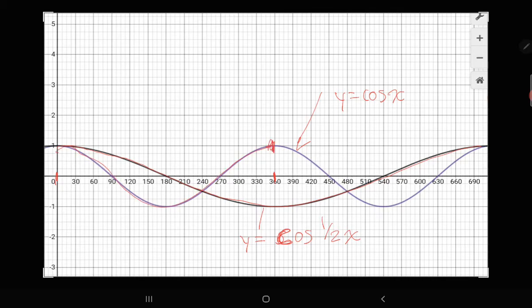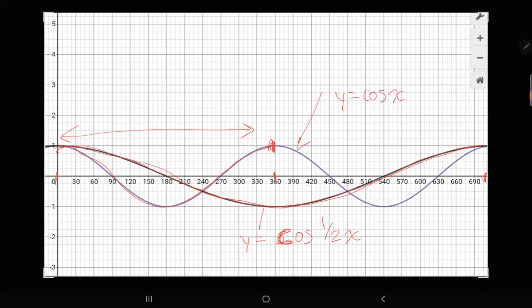Now for our new function, take a look. What's our period? It's actually going now to 720. So the period of y equals cos 1/2 times x is twice the period of y equals cos of x.